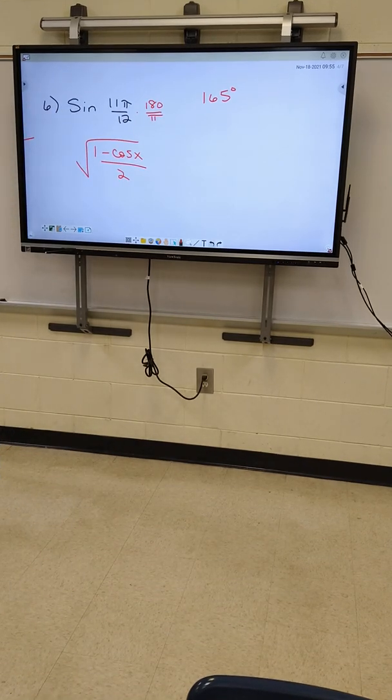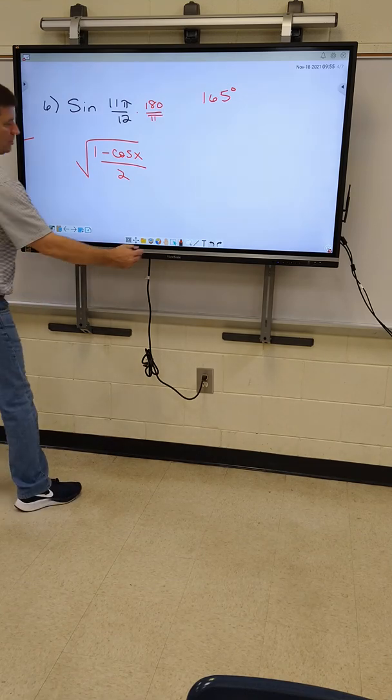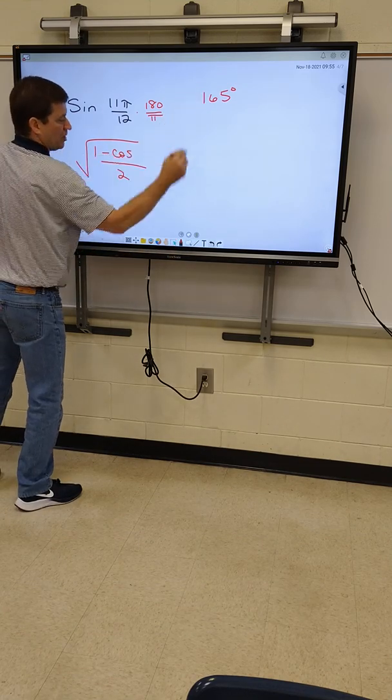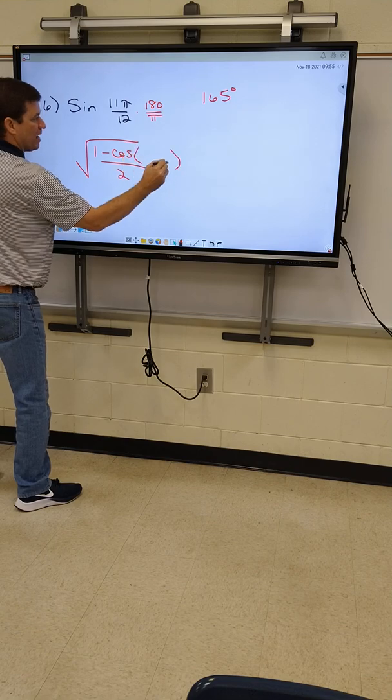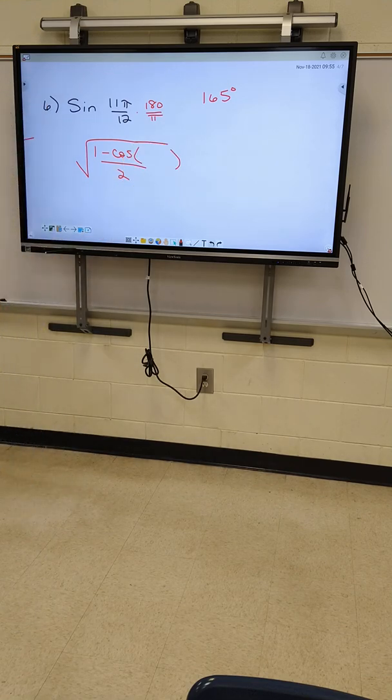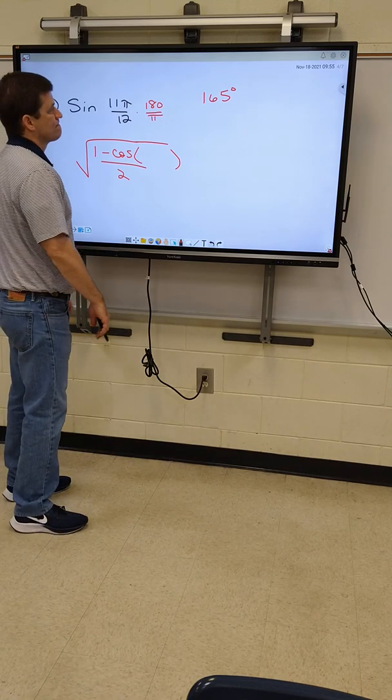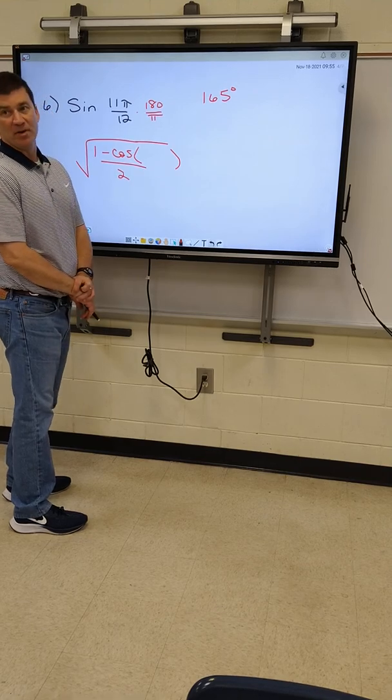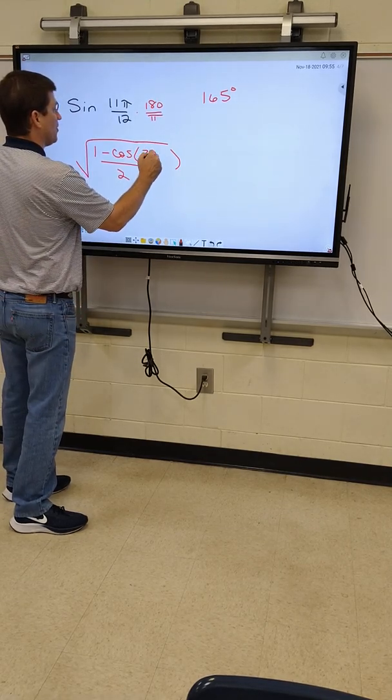So Sadie, what do I have to do with that number before I plug it in that spot? Got to double it. Double 165. Let's see what you get. You said 330? So 330 degrees. Type it in.